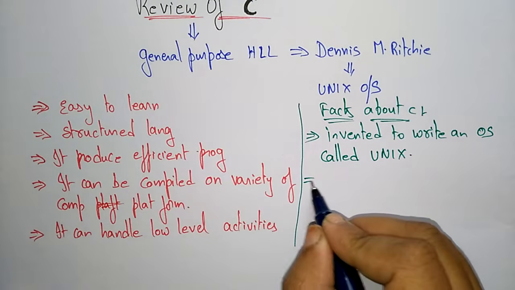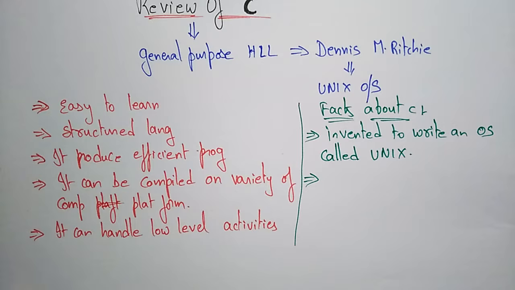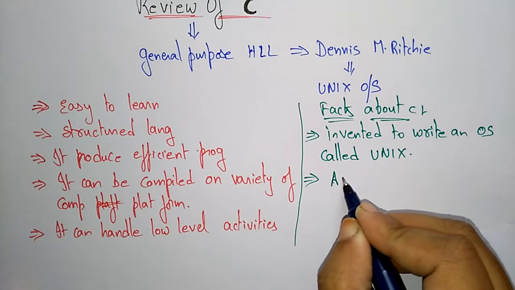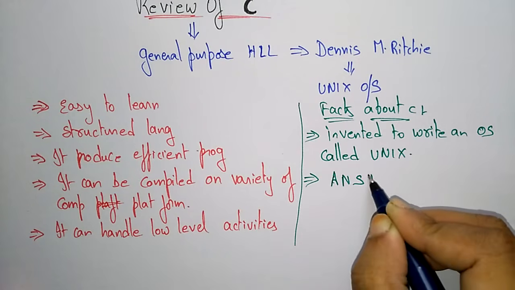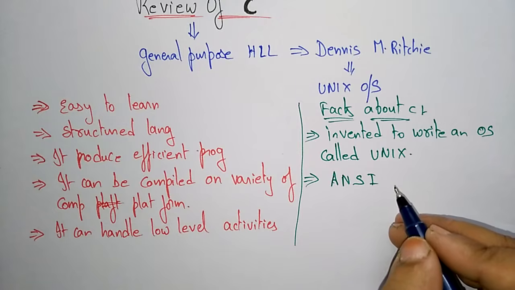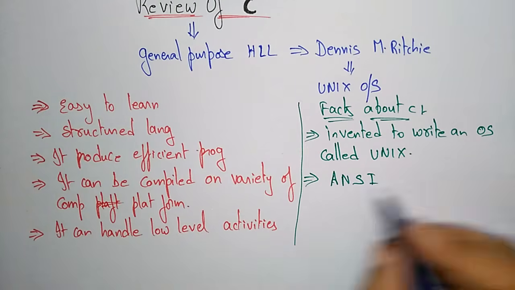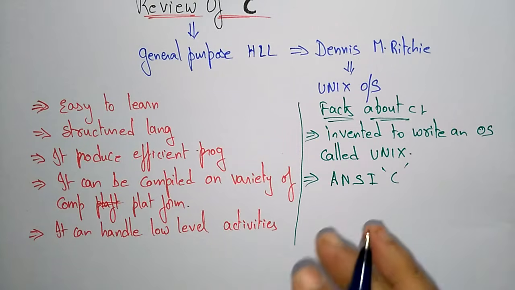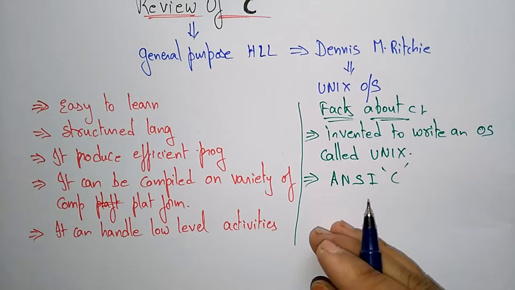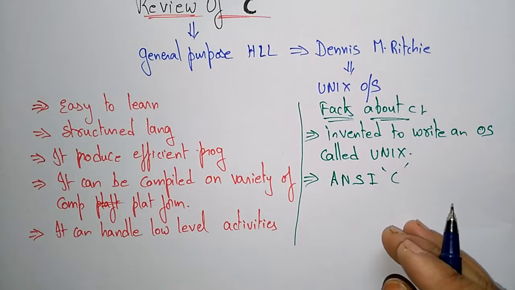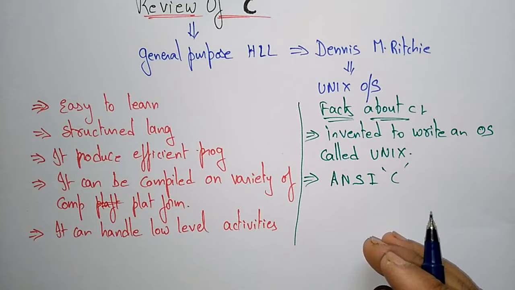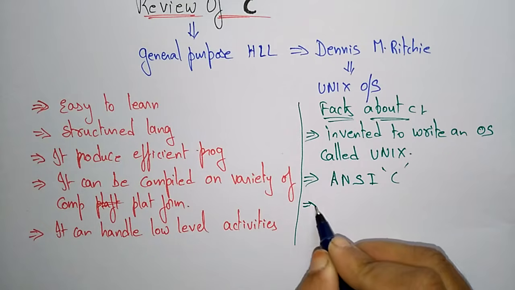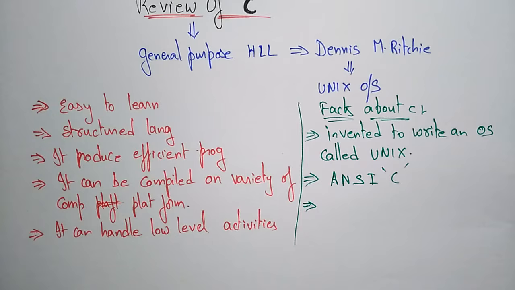This language was formalized in 1988 by the American National Standards Institute, so we call it ANSI C. The American National Standards Institute formalized the C language in 1988. The Unix operating system is totally written in the C language.